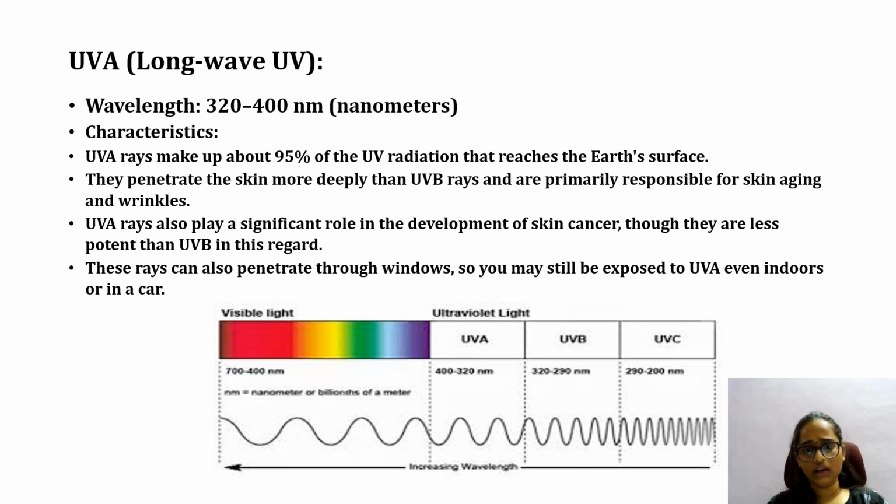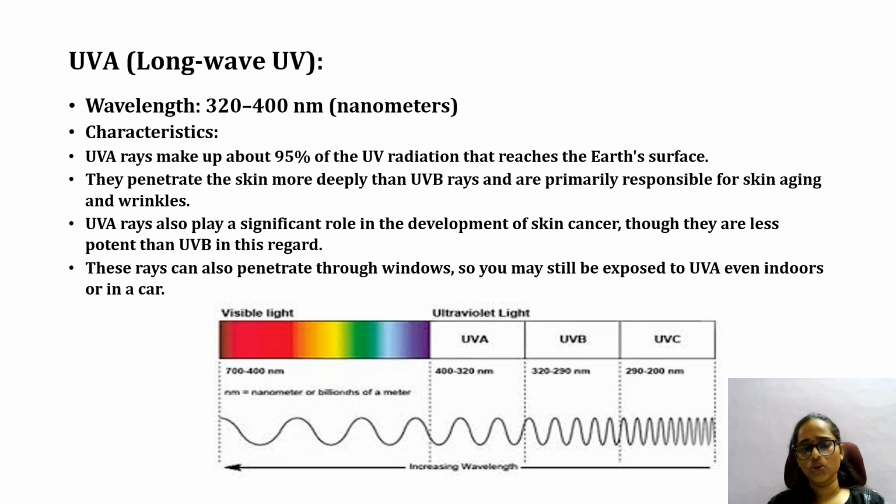They penetrate the skin more deeply compared to UVB rays, and they are primarily responsible for skin aging and wrinkles. UVA rays also play a significant role in the development of skin cancer, though less potent than UVB in this regard. These rays can also penetrate windows, so you may still be exposed to UVA even indoors or inside a car.